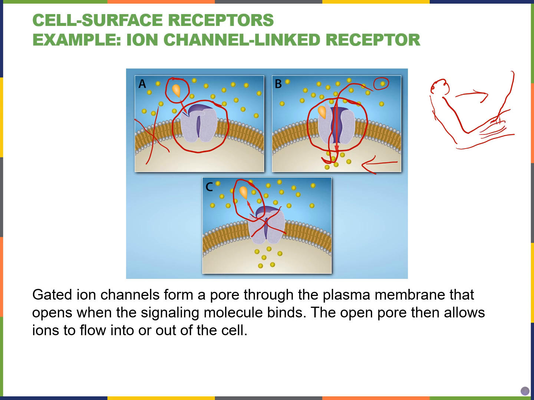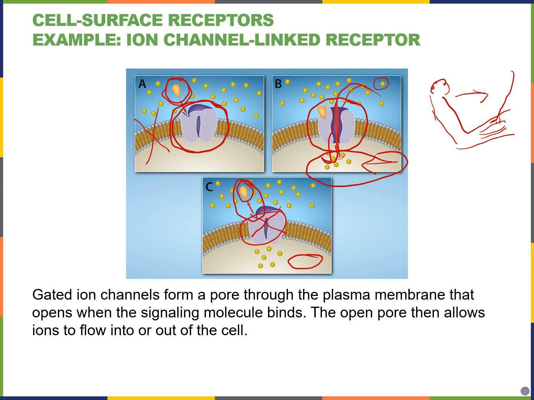And the muscle cells have a channel that looks just like this. So when the neurotransmitter binds to it, the channel opens up, or the receptor opens up, sodium rushes in and causes a series of events inside the cell that allows for muscle contraction. And once you're done, the signals come off or get broken down, get degraded, the channels close, and then the muscle relaxes.